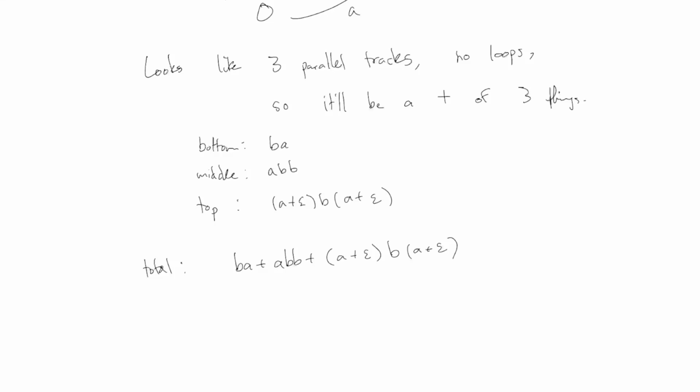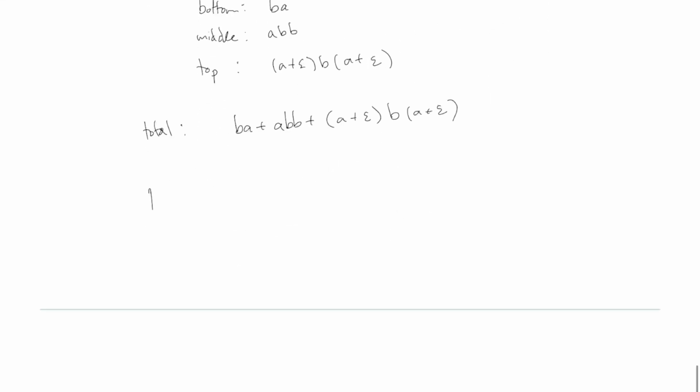The moral of the story is, if there is no looping in the diagram, then it's just going to be a bunch of pluses, and it's basically never going to be hard to write down what all the various options are. All right? It's quite a bit more complicated when there are loops. So this is harder if the diagram has loops in it.